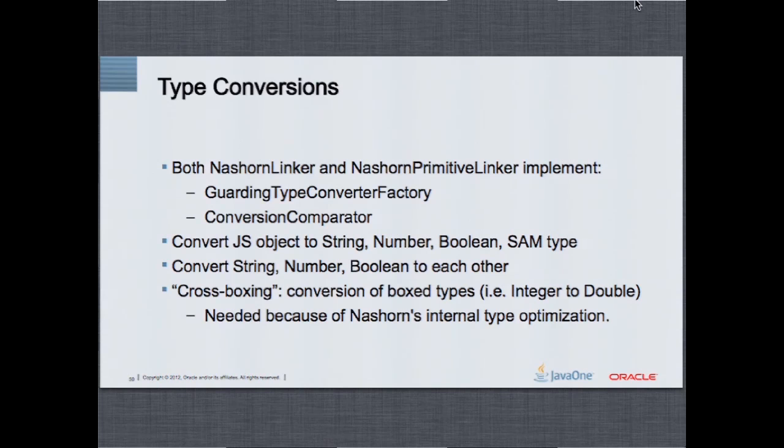So you legitimately can find yourself in a situation when you need to have a conversion between uppercase I Integer and uppercase D Double, which, again, is something that the JLS does not provide you. As I said, Dynalink gives you all the JLS-specific type conversions. This was something that we had to build on top of it. And I don't intend to put it in a lower level into Dynalink because it doesn't have any place there. This is entirely JavaScript implementation specific, this kind of cross-boxing.